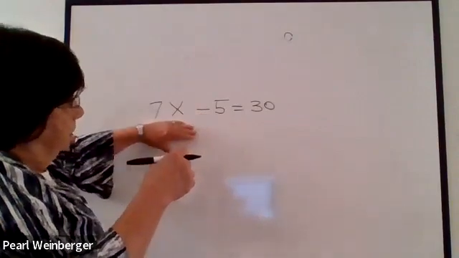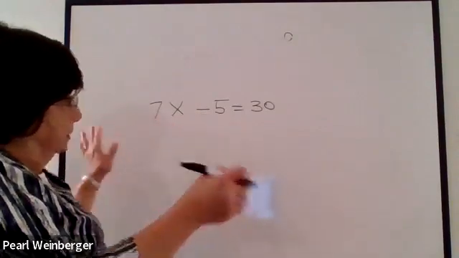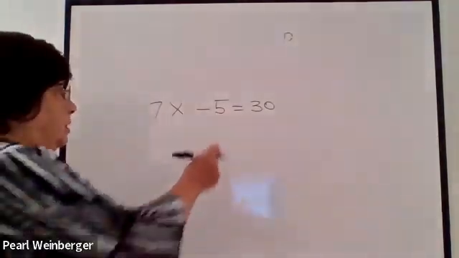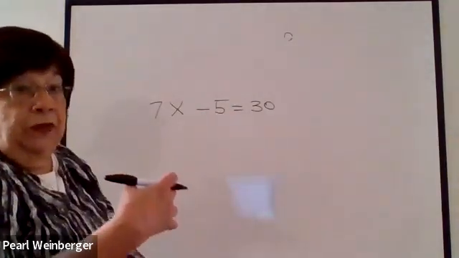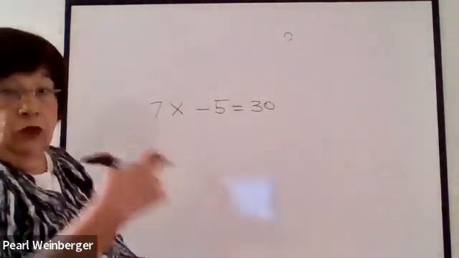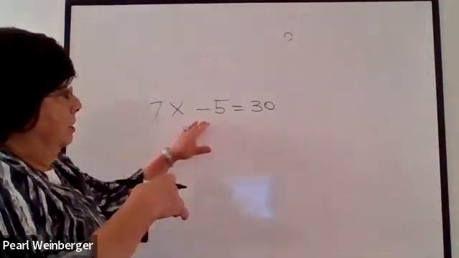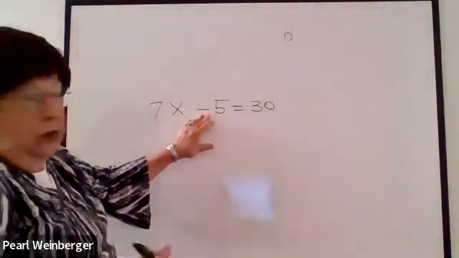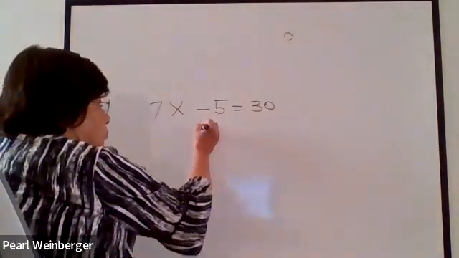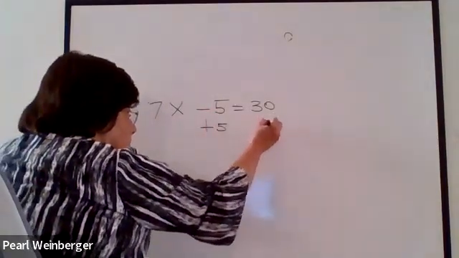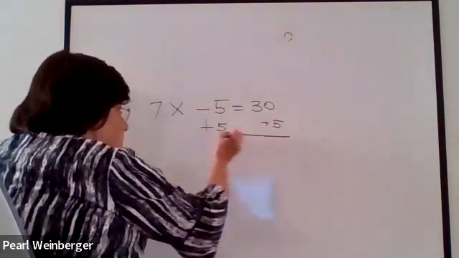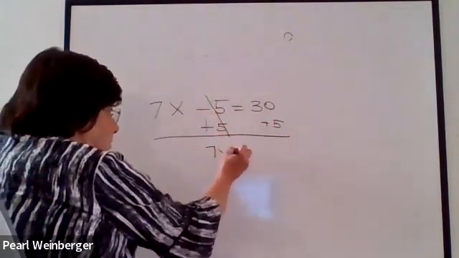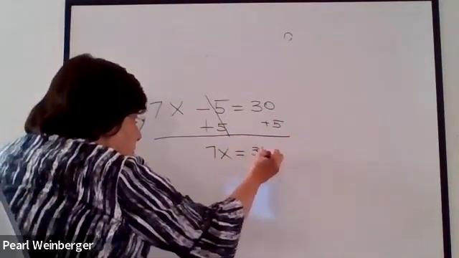In this case, since the x's are on the left side, we want to get the 5 to the other side because it has no x. We always do the opposite or inverse operation. We do just the opposite of what we see. I see a minus 5, so I'm going to do plus 5 to both sides, which will cancel it out, giving 7x equals 35.